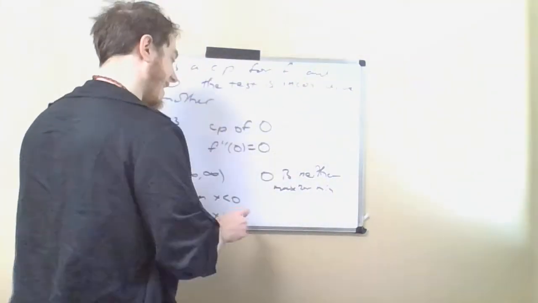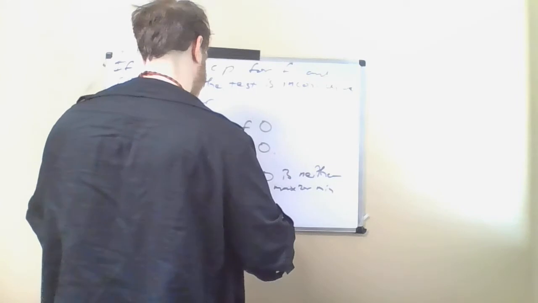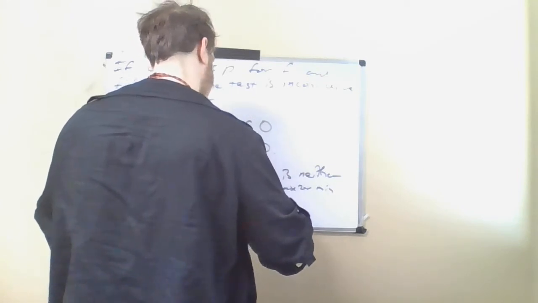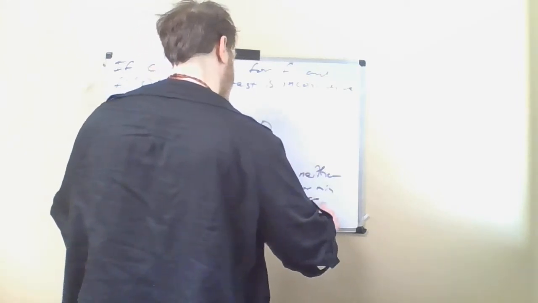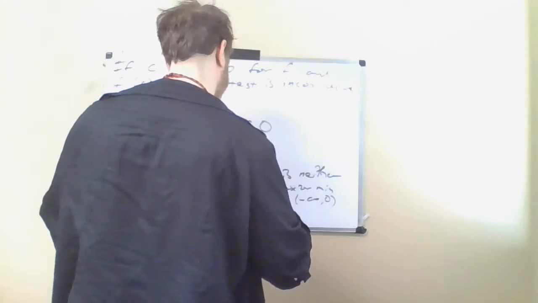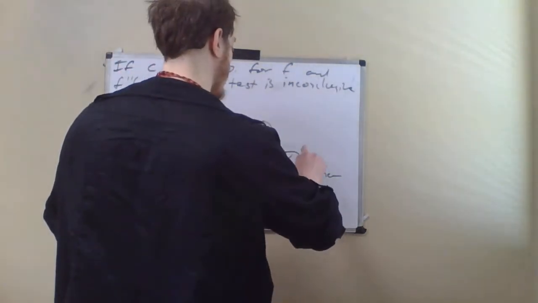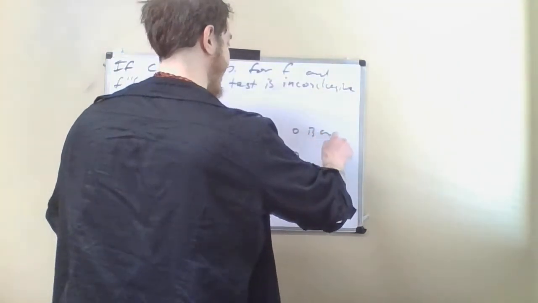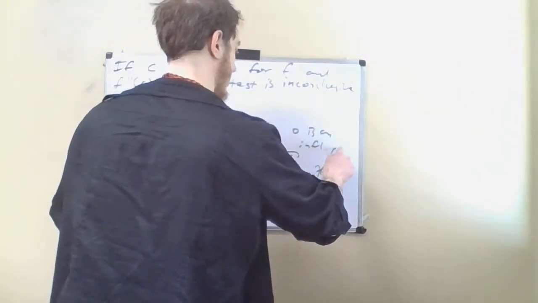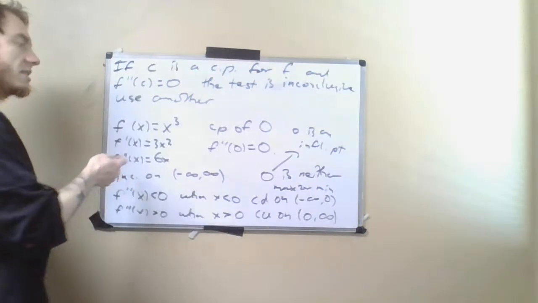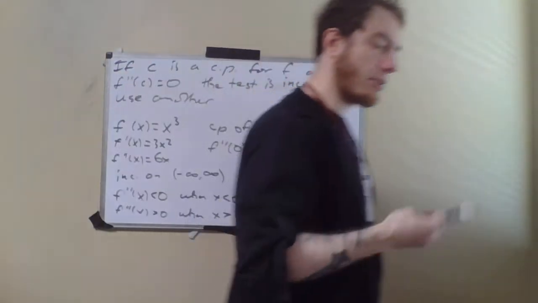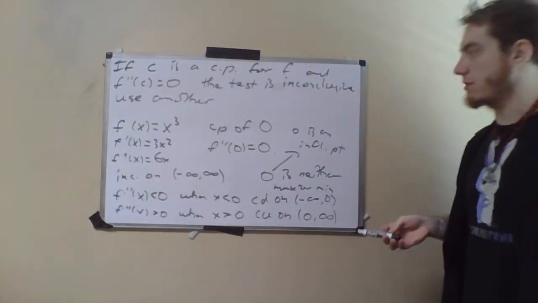So we are concave down on minus infinity up to 0 and concave up on 0 to infinity. And that means 0 is an inflection point. So you'll notice that we could not classify this just because the second derivative was 0.